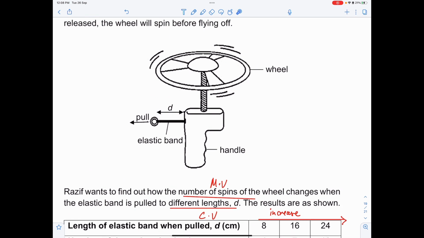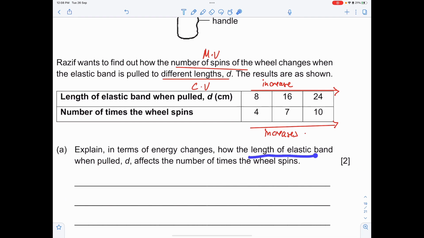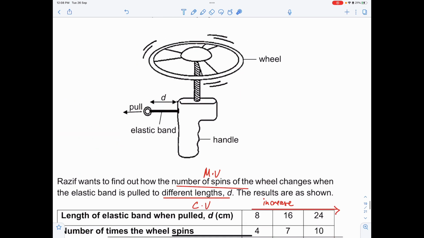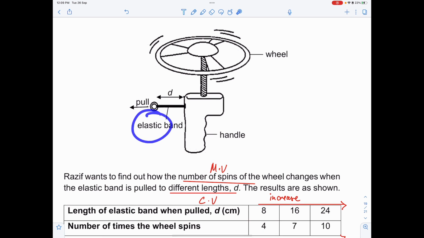Now, when you look at this, you first need to tell me that when the length of elastic band is pulled, what increases actually? It is because it's an elastic band, so it's got potential energy. Inside there is probably some spring or coil system. It will increase the elastic potential energy of this particular elastic band, because you pull it further, you're stretching the band further.